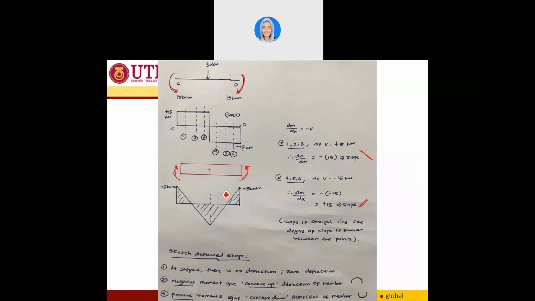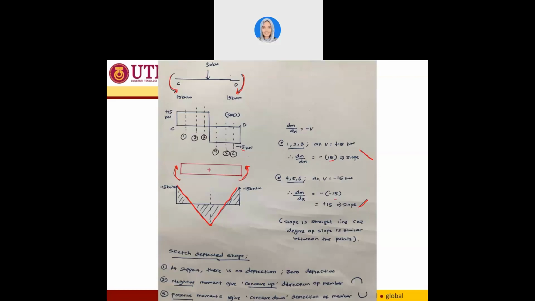However, for member CD, all the slopes have a similar degree of steepness. You have 15 and 15. So this is why you could always draw a straight line until you reach a point where there is no difference between them, and you go up again straight like this. So this is the bending moment diagram for member CD.